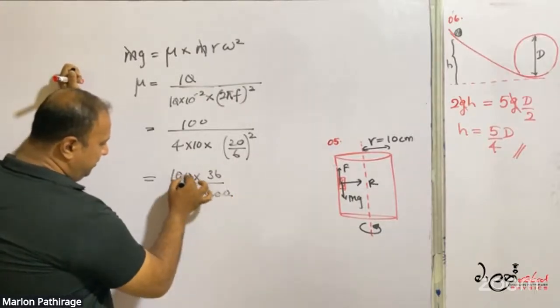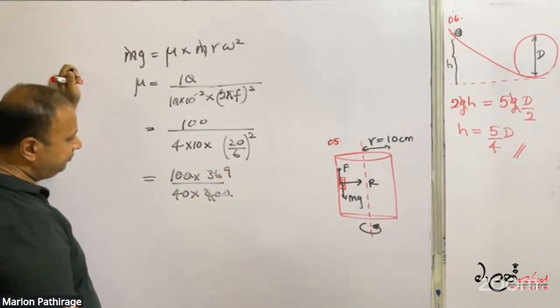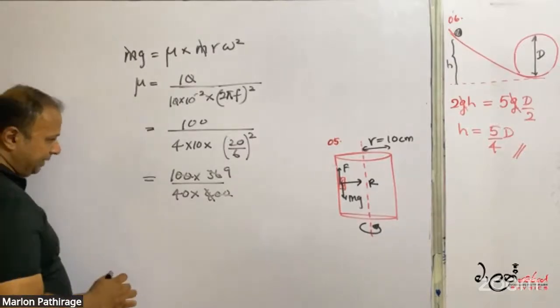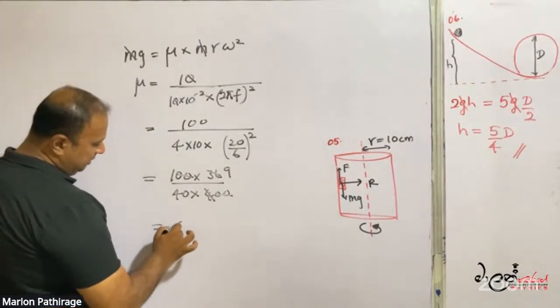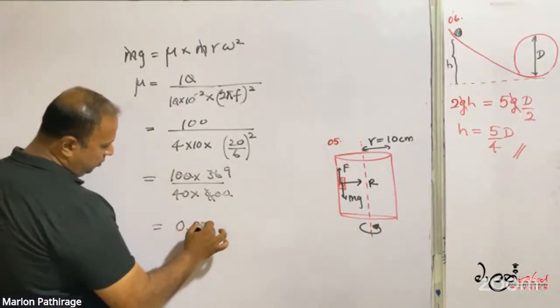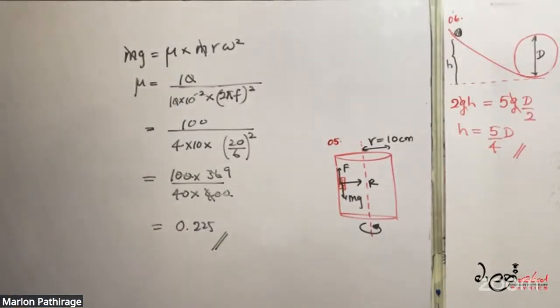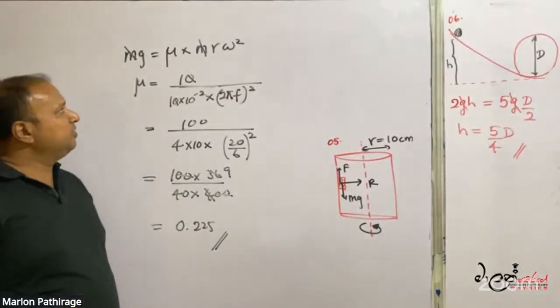This one will be cancelled out. This one is 9. Okay. 0.9 divided by 4. That means 0.225. Calculation.